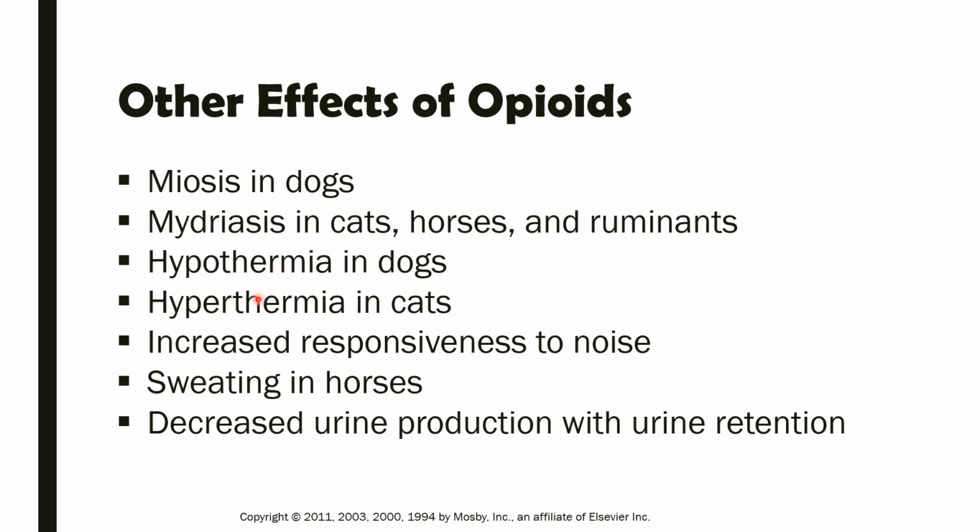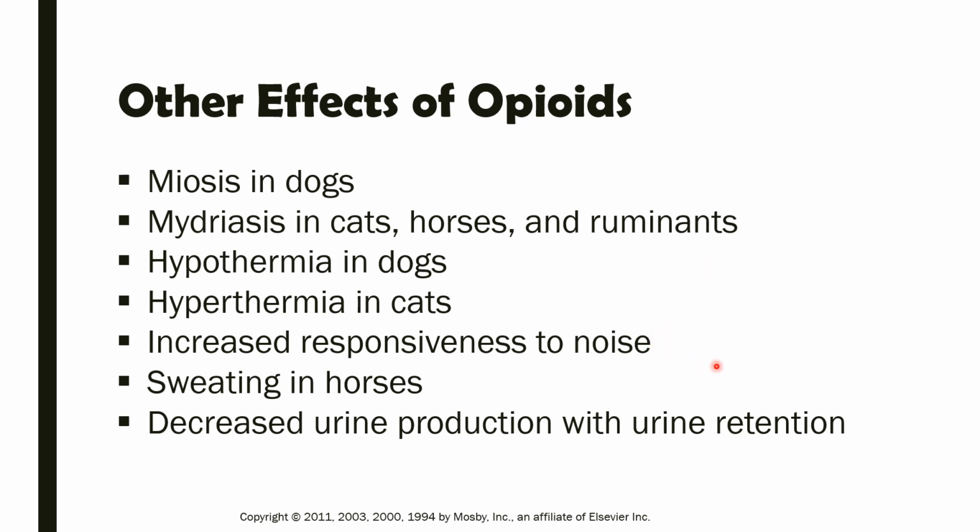For cats, as you can observe, there is the development of hyperthermia. So temperature must be well monitored in cats, because they have a tendency to develop this condition, which can be detrimental to the health of the patient.